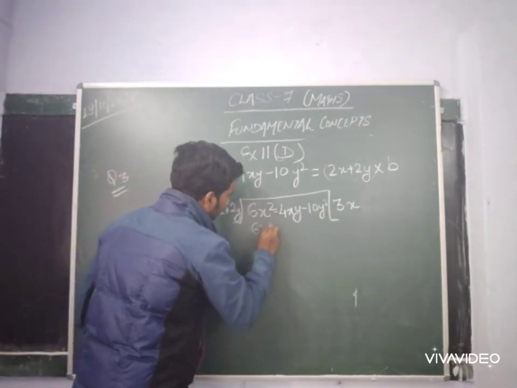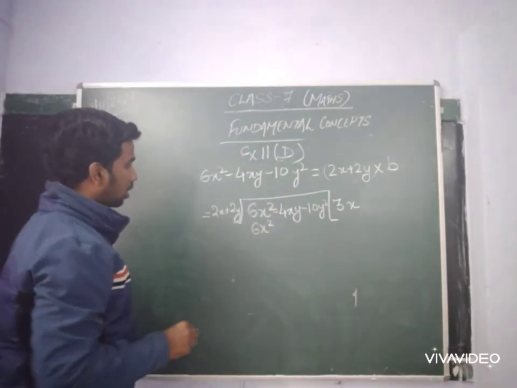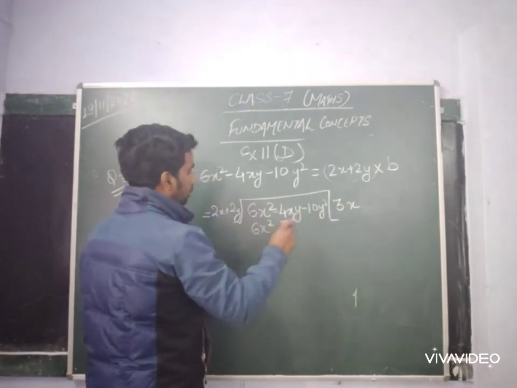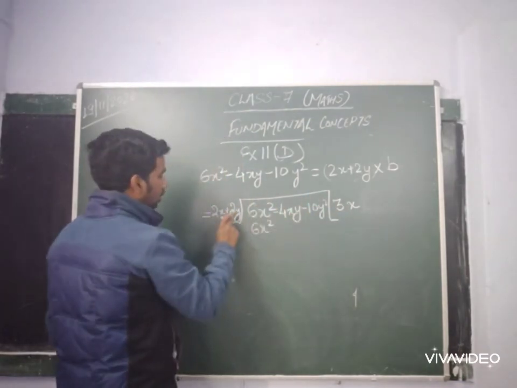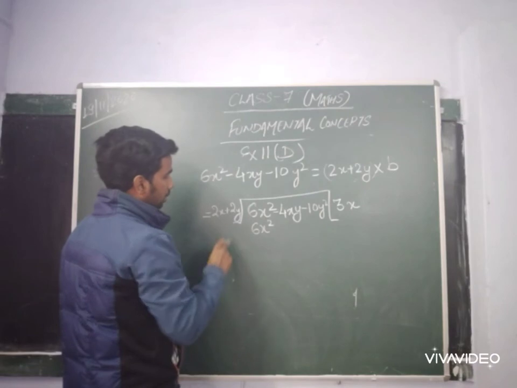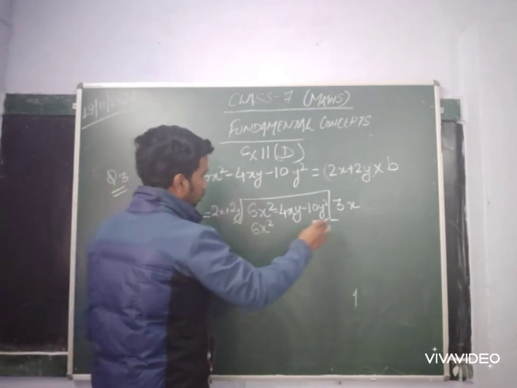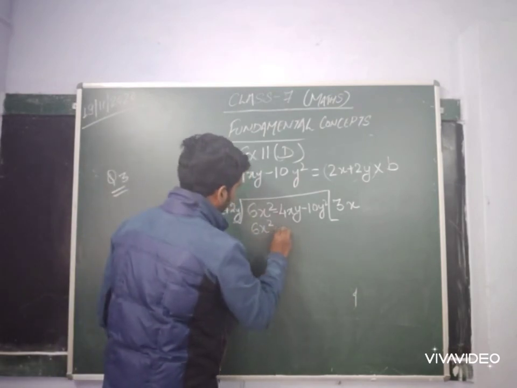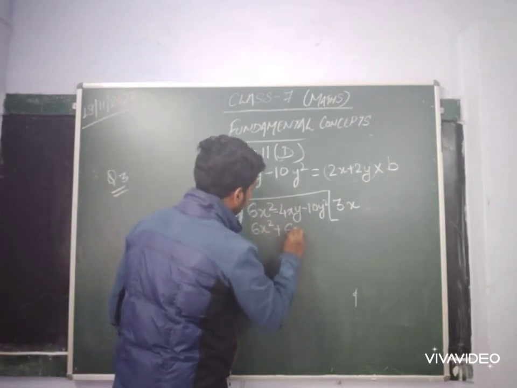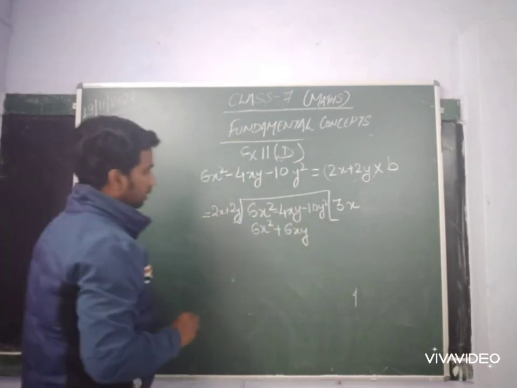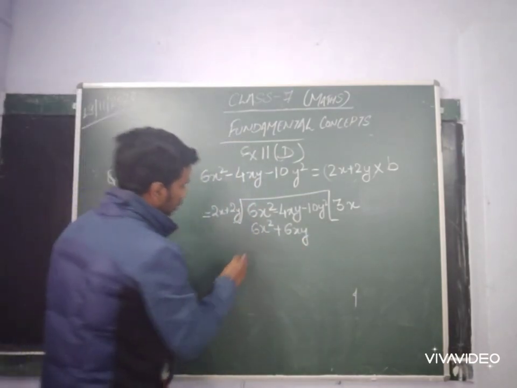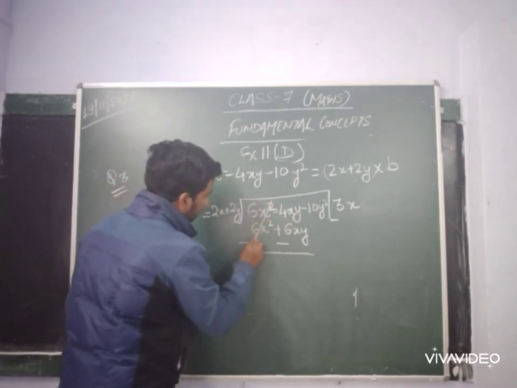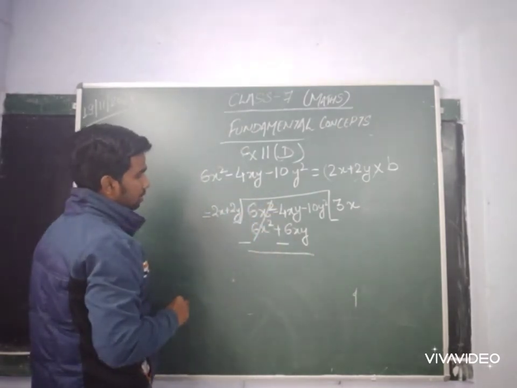So 6x square. Clear? Now the next step is multiplying this expression with this expression. Okay? Both are monomial. So 3x multiplied with 2y we will get plus 6xy. Okay, now subtract this, the sign will be changed. 6x square will be cancelled.